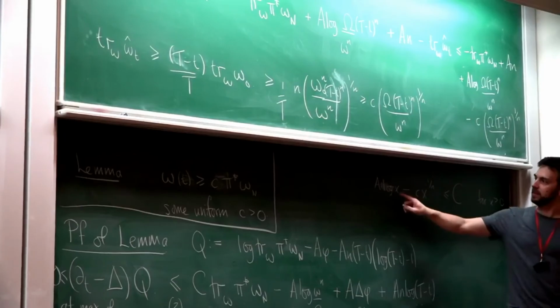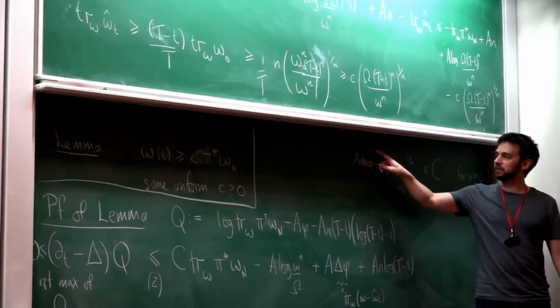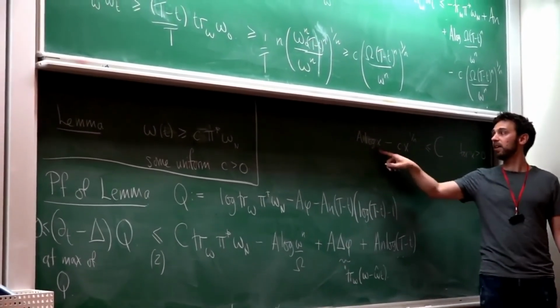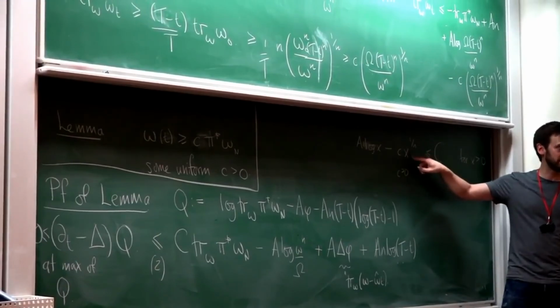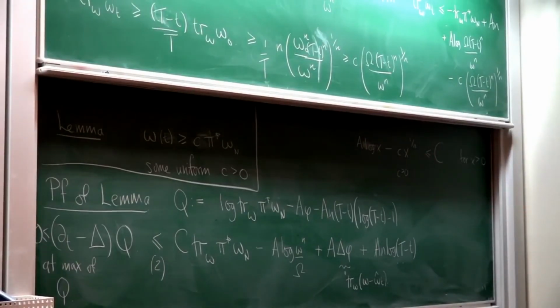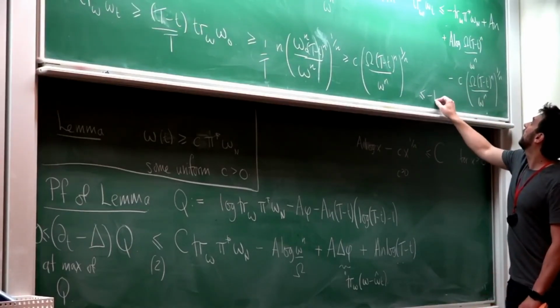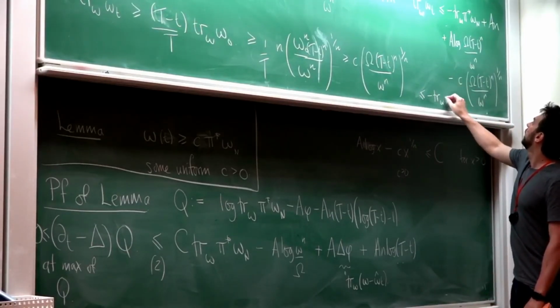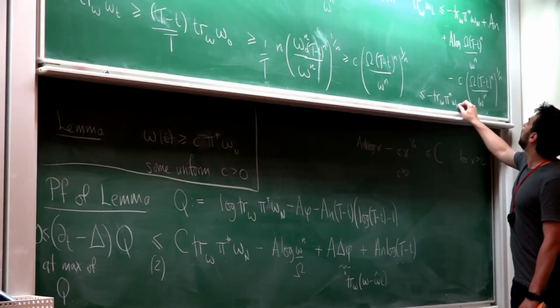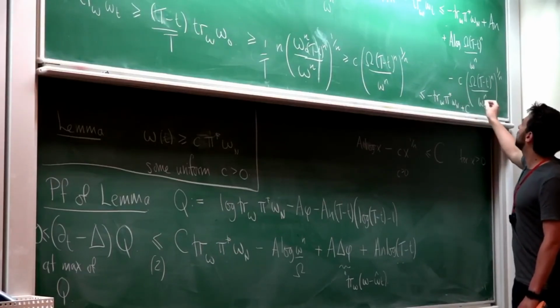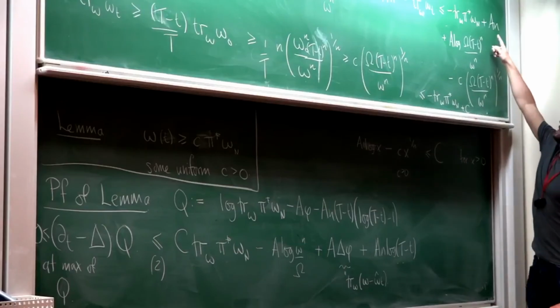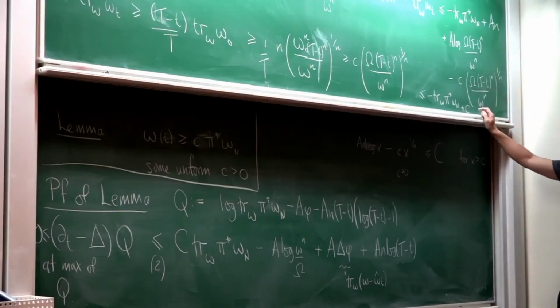Just because if x goes to 0, of course this goes to negative infinity. When x is large, this is like log, but this is a power, so it beats it. This is always bounded above. Okay, so the whole thing then is bounded above by minus trace omega of the pullback of omega n plus some constant, let's call it c prime, which is just this constant plus this constant.